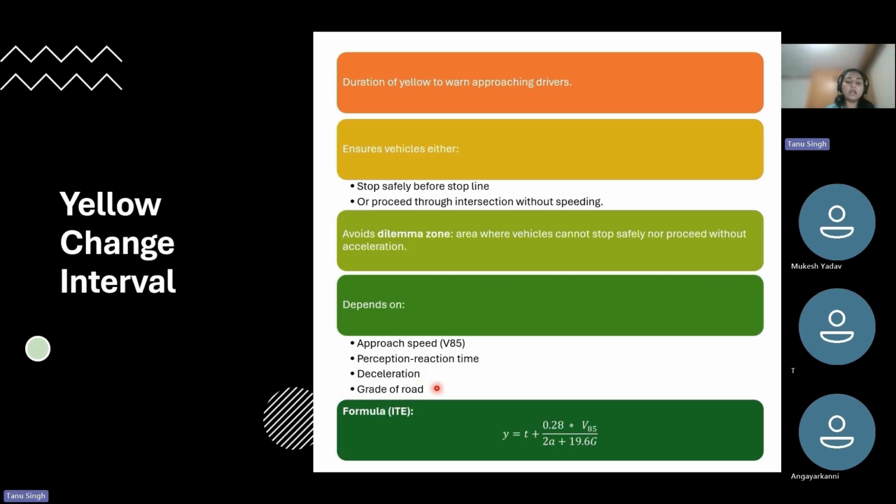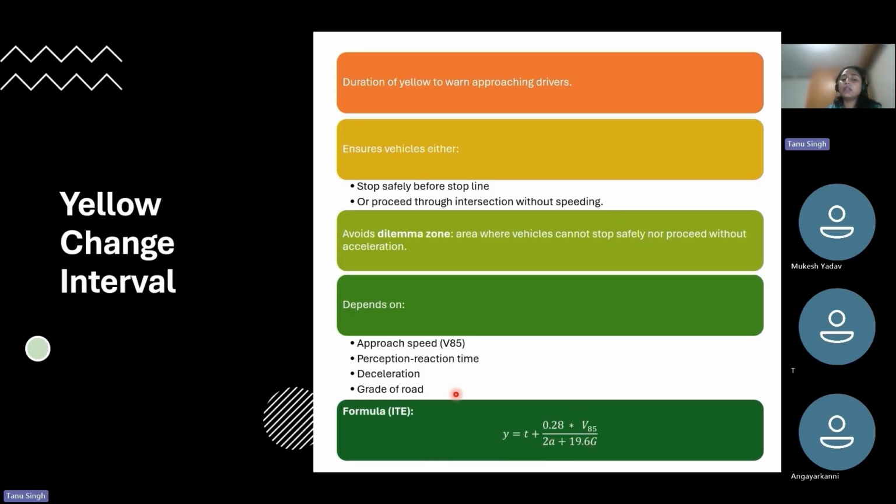ITE suggests a formula to calculate the yellow change interval: t plus 0.28 times v85, the 85th percentile speed, divided by 2a plus 19.6g, where t is the perception reaction time, v85 is the 85th percentile speed, a is the deceleration to stop the vehicle or to proceed, and g is the grade of the road.